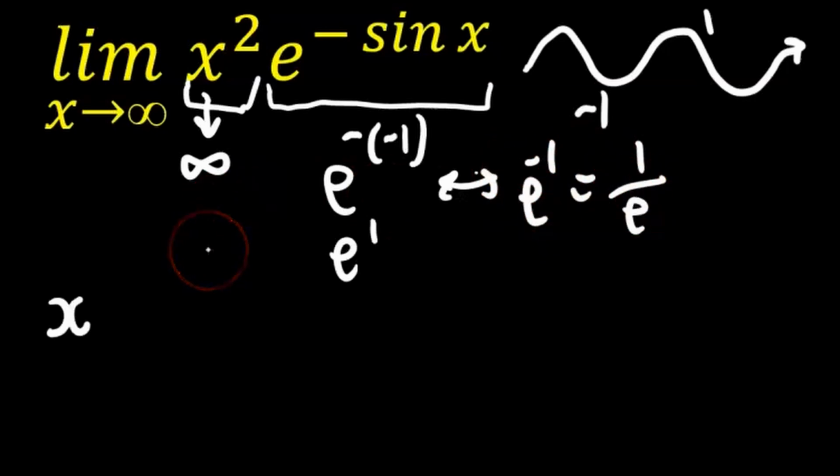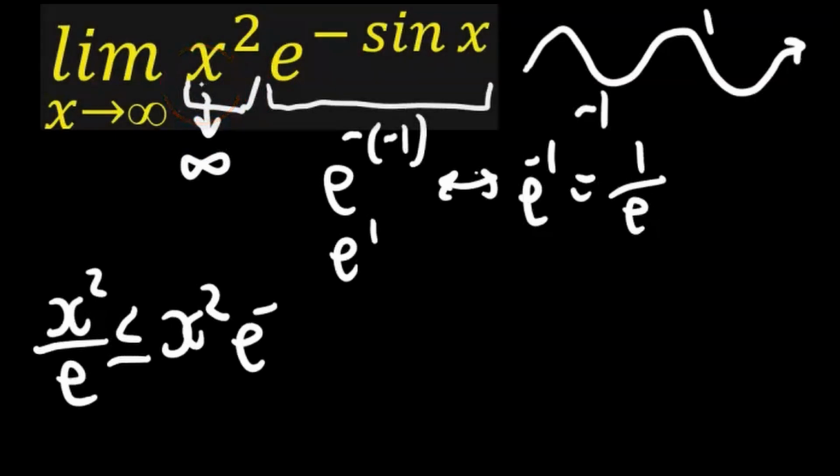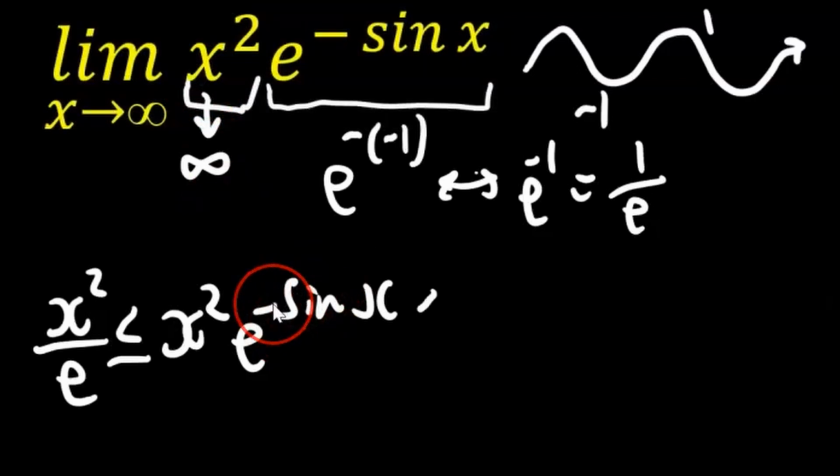So I could write this as x squared over e, that has to be less than or equal to our actual function, x squared times e to the negative sine x, which has to be less than or equal to the largest that can be, which is this one here, e to the 1.